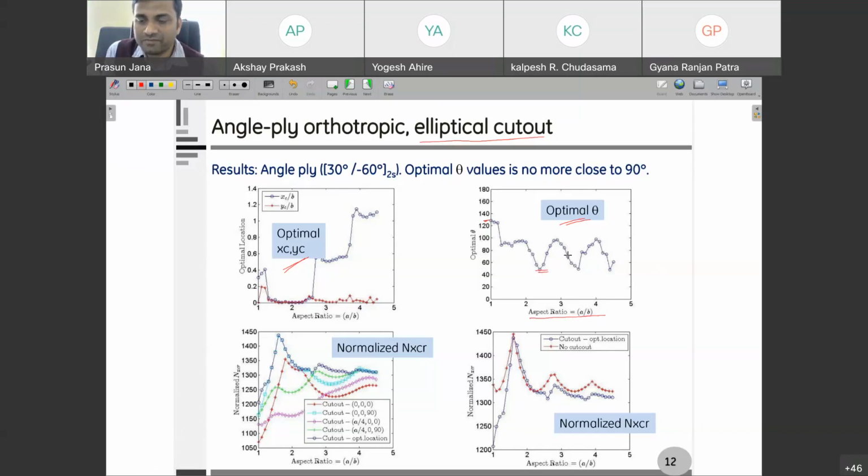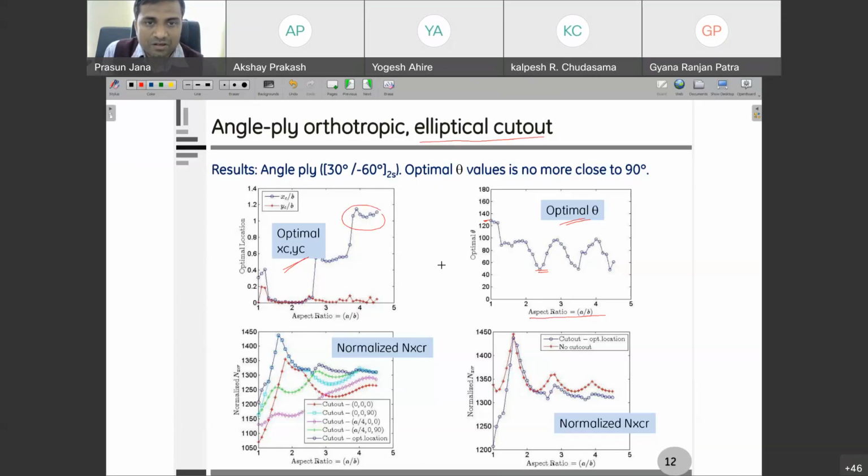So it is not remaining the same. So optimal theta changes, and then optimal XC, YC also change. YC is very close to 0, but in some places it is not 0. And XC is also very close to 0 at certain aspect ratios, but for other aspect ratios, it is far away from the center.